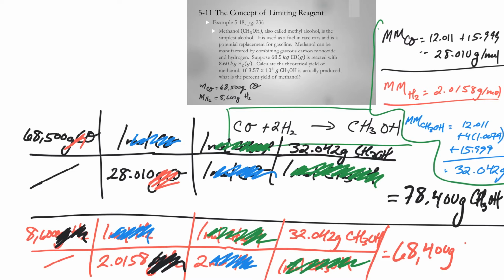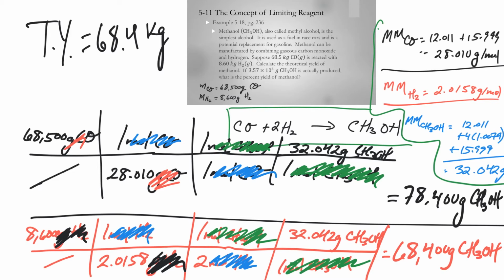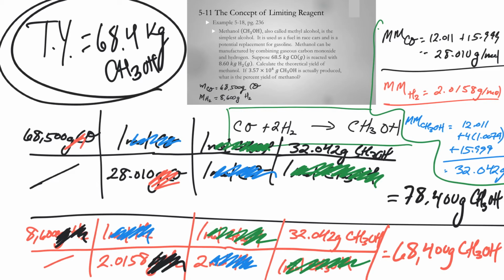This says calculate the theoretical yield. So our theoretical yield is 68.4 kilograms of CH3OH.